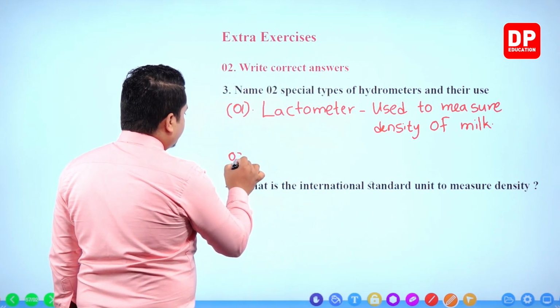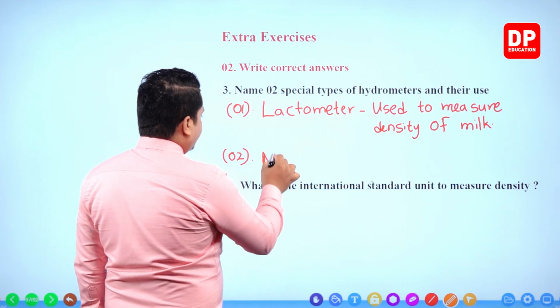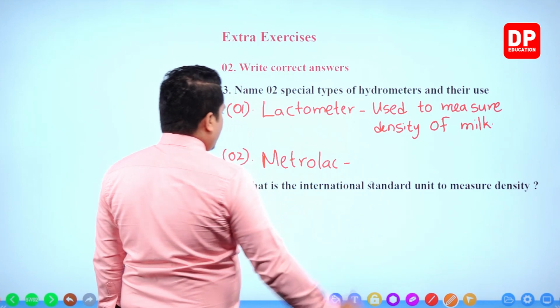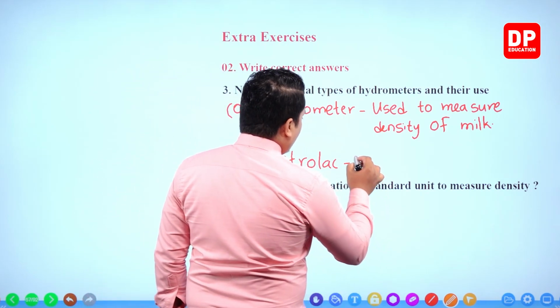Number two, Metrolac, used to measure density of rubber.